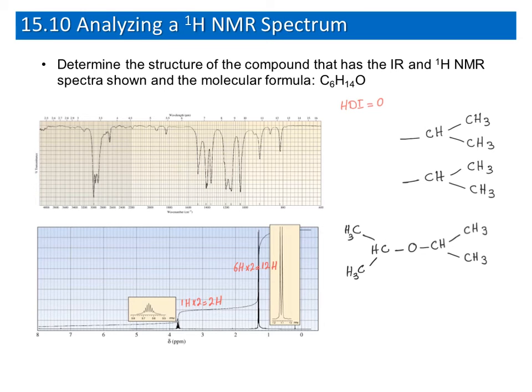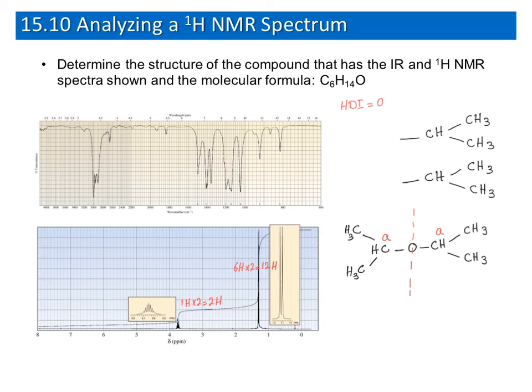Now, as I mentioned, we have a symmetry in the molecule right here. So this symmetry makes these 2 groups exactly the same, and all of these methyl groups are the same. So let's label all the protons.